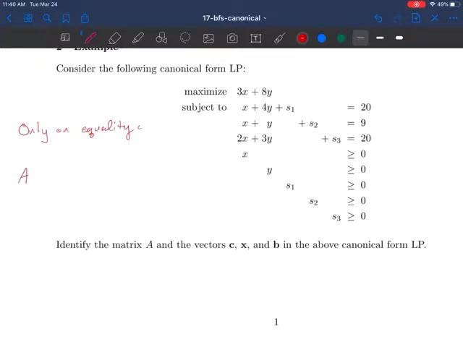Okay, so this is the coefficient matrix. And what it is here, so we just look at these first three rows. There's these three equality constraints. So we'll say m equals 3.